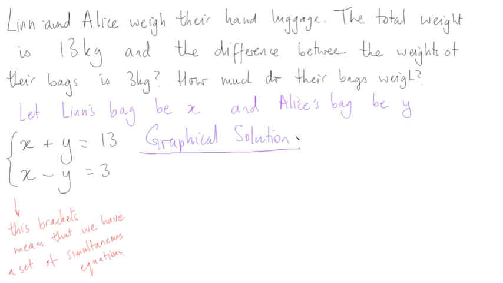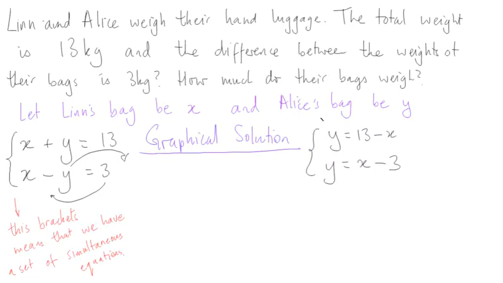Well, I want to find it in the form y equals. So if I subtract x from both sides, I get y equals 13 minus x. Let's take the second one now. I want to get y equals. This time I have to move this y over to this side and move this 3 over to this side. So we get y equals x minus 3.